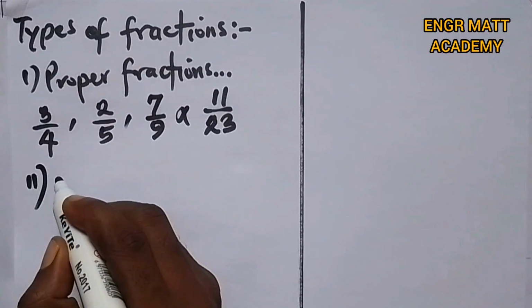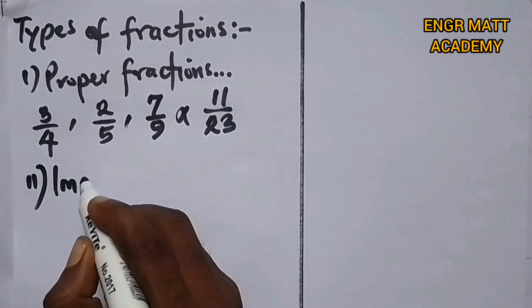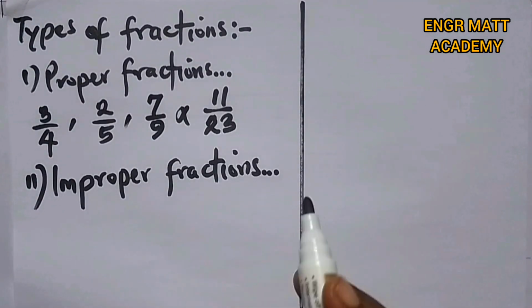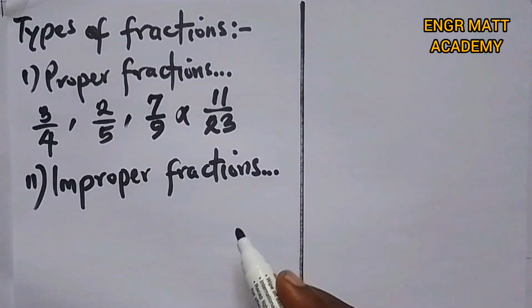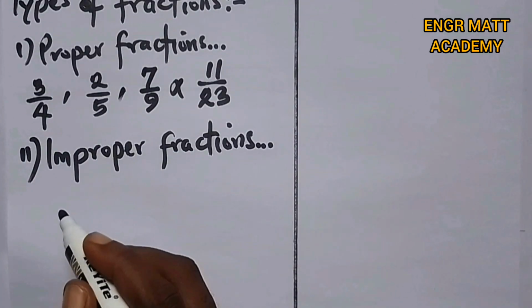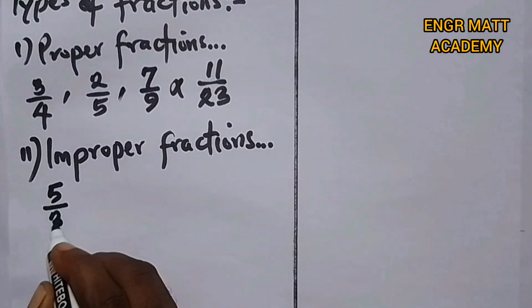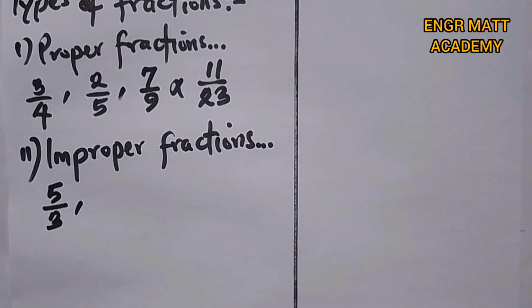Now let's look at improper fractions. This time, the numerator, that is the number at the top, is greater or bigger than the denominator. An example of an improper fraction is 5/3. 5/3 is an improper fraction.